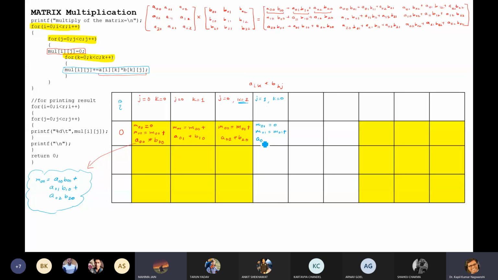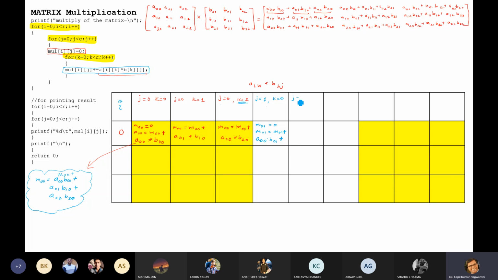I is 0 and K is 0. Then B KJ. K is 0 and J is 1. Then put plus, because ultimately we are going to add this. So I had written this statement like this. Let me write M00 plus also. So now this is M01 plus A00 and then plus, and go to next iteration.